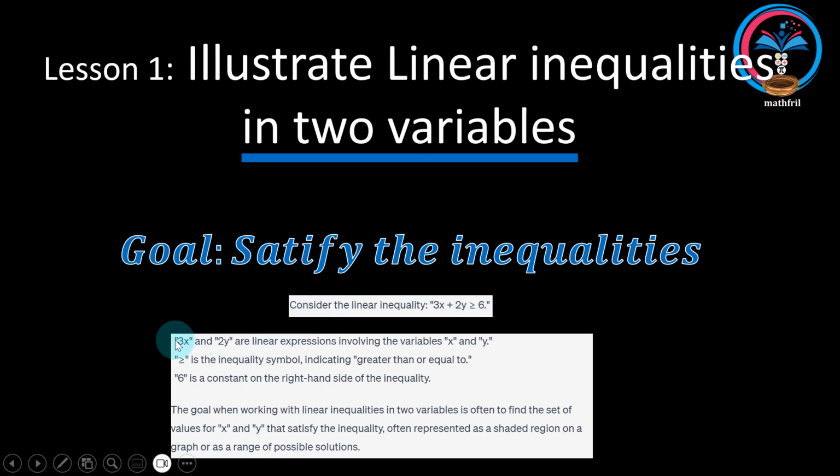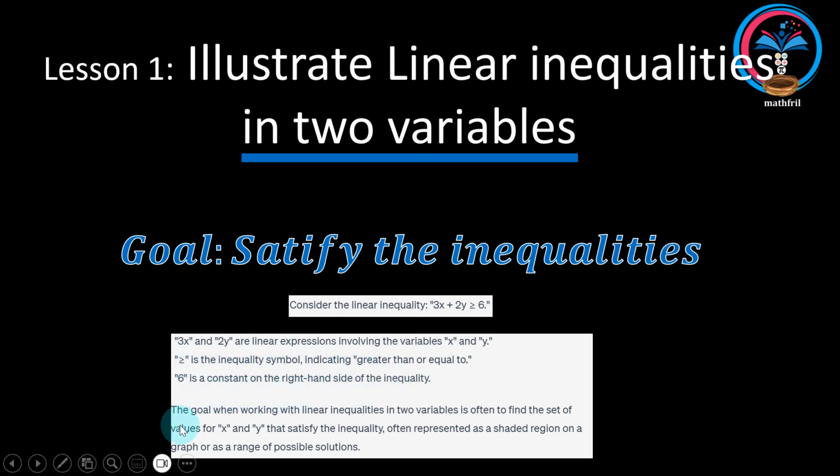Basically, the 3x and 2y are linear expressions involving two variables, the x and the y. And greater than or equal to is the inequality symbol, or sometimes known as relational symbols, and 6 is the constant on the right side of the inequality.